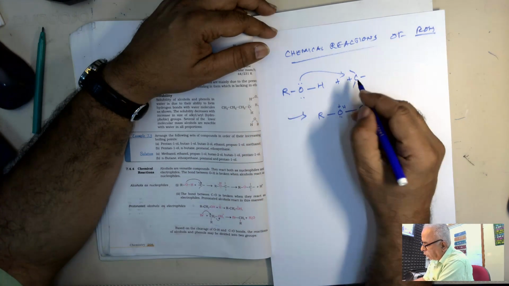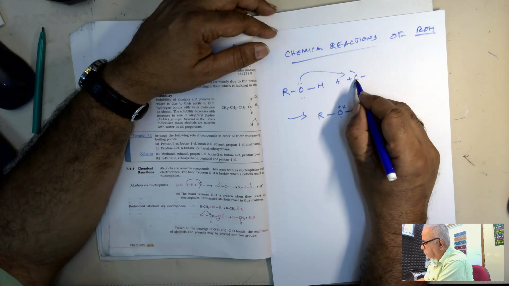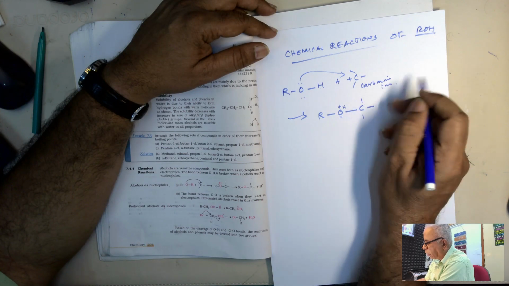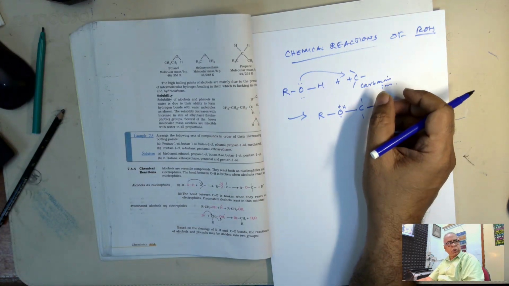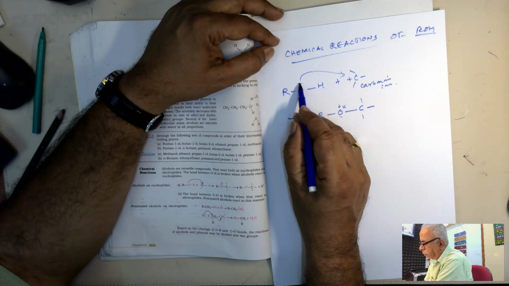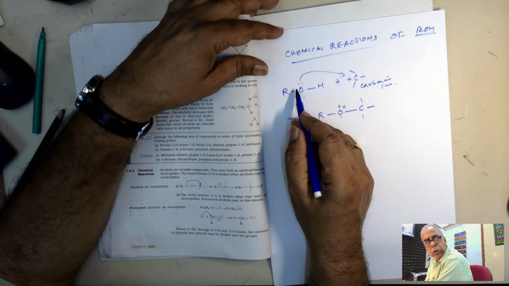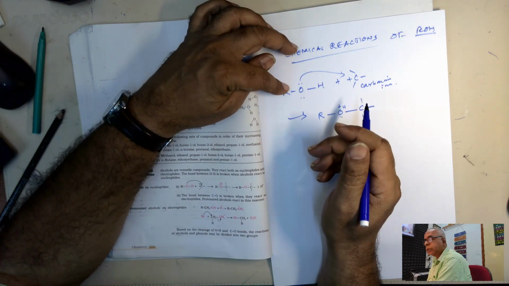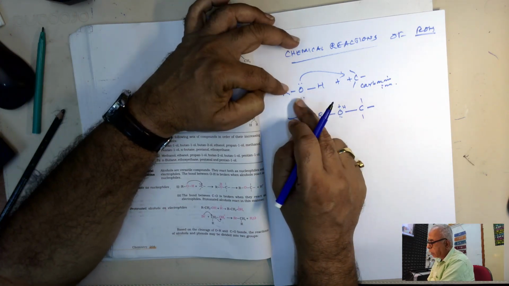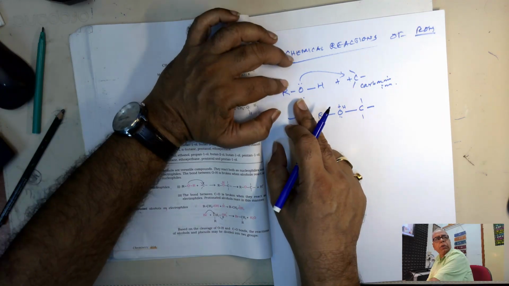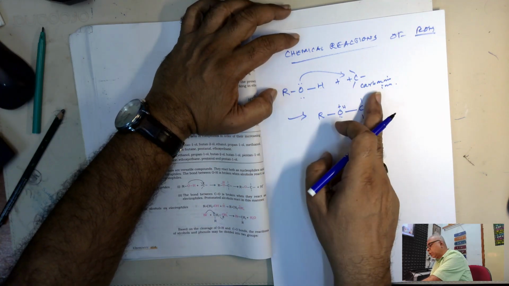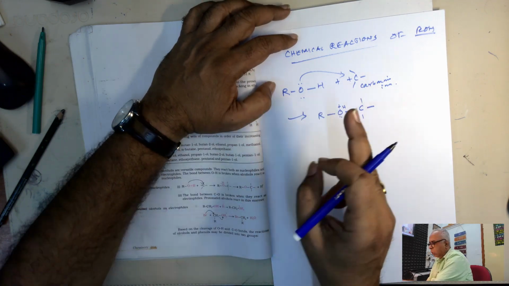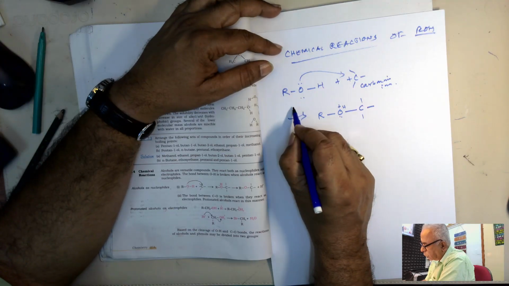Now you know this is the carbon, that is the carbonium ion. What is this? Carbonium ion, a carbon atom bearing a positive charge. And the alcohol, since the oxygen present in alcohol has two lone pairs of electrons, is electron rich. So the electron rich entities are called nucleophiles. Why? Because it goes towards the nucleus, that is the carbonium ion. You understand? So this acts as a nucleophile.